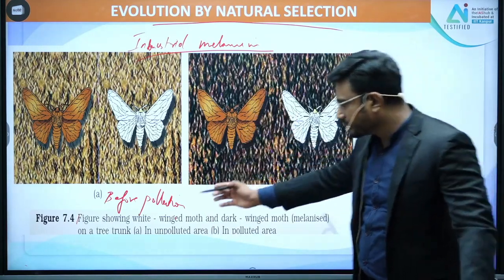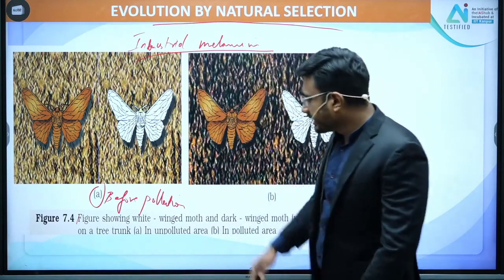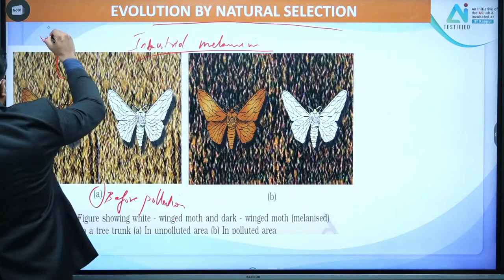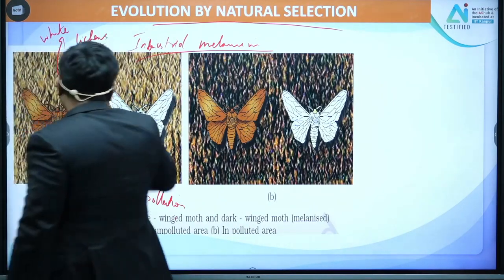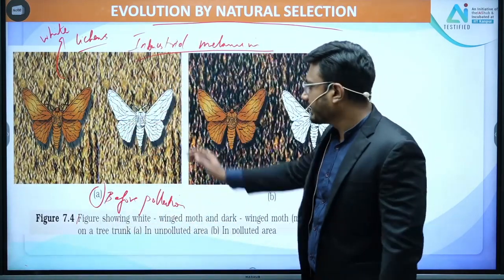Before pollution, the scenario is represented in diagram A. Here we can see that the bark of the tree is covered by white colored lichens, and we have the dark colored moth and the light colored moth.